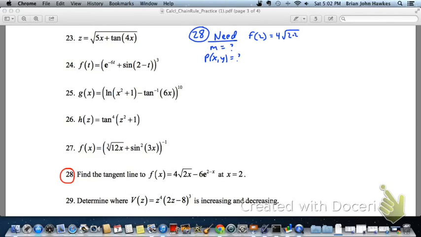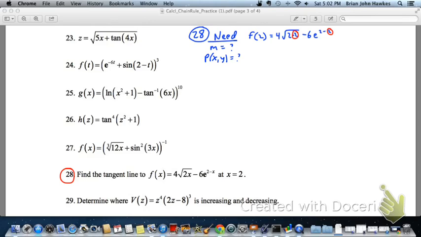We have f of 2 would be 4 times the square root of 2 times x, 2 for x, so 2 times 2 under the radical, and then minus 6 multiplied by e to the 2 minus x, and we're going to replace x with 2 because we're finding f of 2.